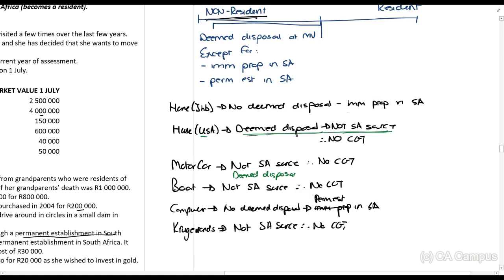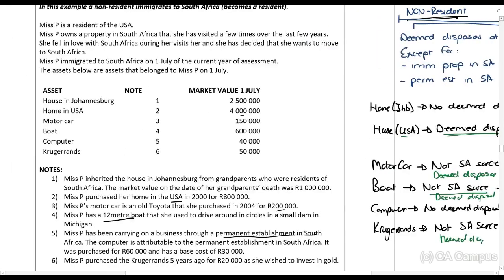So all of these are the same, guys. Not a South African source is still a deemed disposal. I'm just trying to indicate to you there's no tax implications in South Africa. But what is important is that you are deemed to buy these assets at market value. Okay, so now, why is that important?